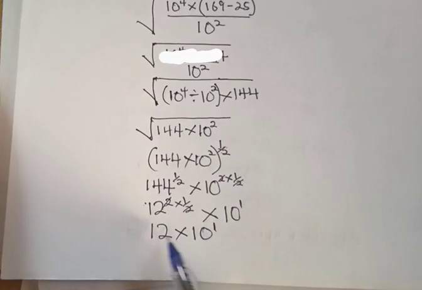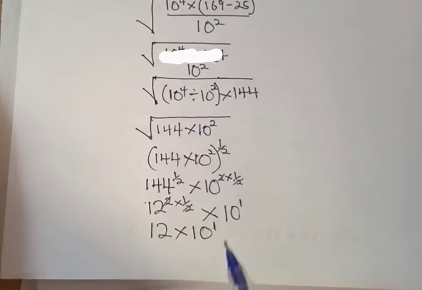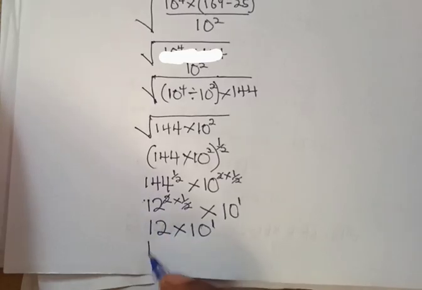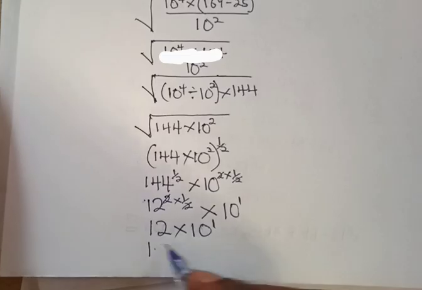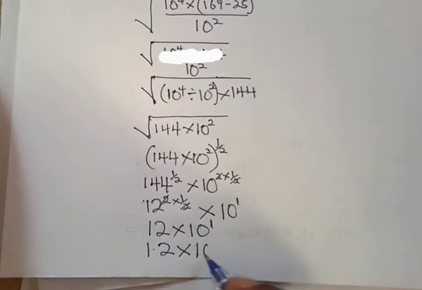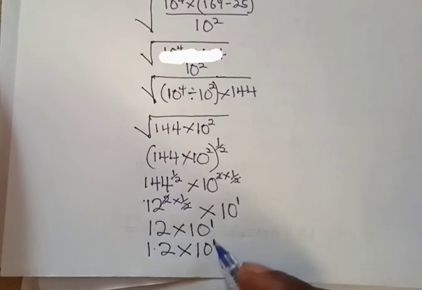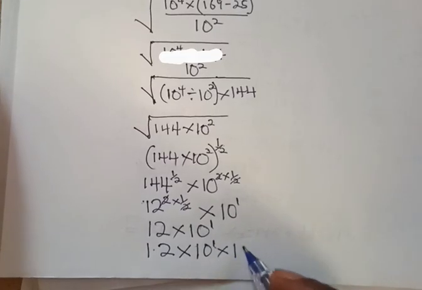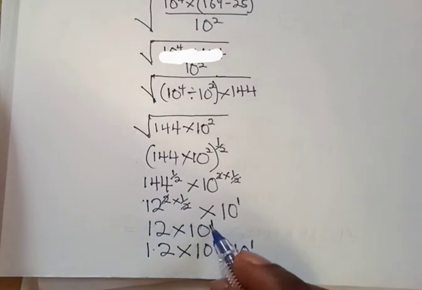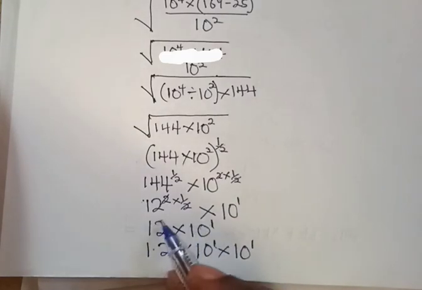Now you ask yourself, is it in standard form? No. So we change it again. That means we are going to move 1 from here to here. So I'm going to get 1.2 times 10 exponent 1 times another 10 exponent 1, because we already have 10 exponent 1 there, and we are also changing this to standard form.